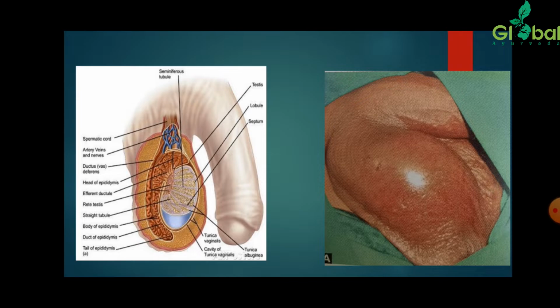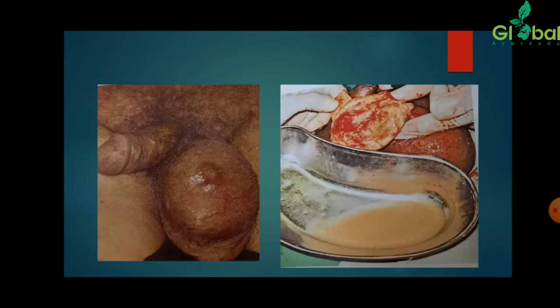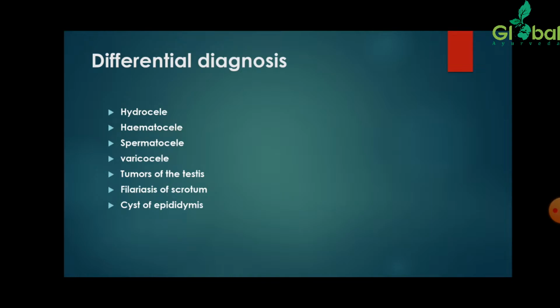This is the extracted picture of pyocele. Now the differential diagnosis of pyocele is with hydrocele, hematocele, spermatocele, varicocele, tumors of testes, filariasis of scrotum, and cyst of epididymis, which we can see further in our slides.